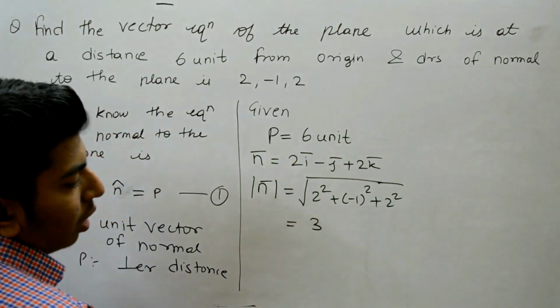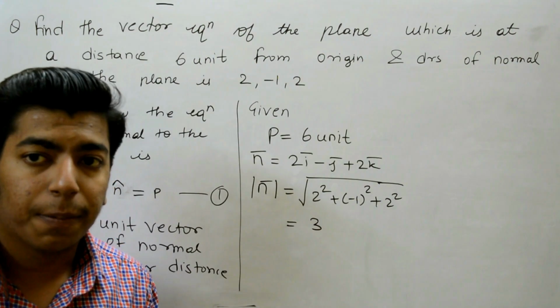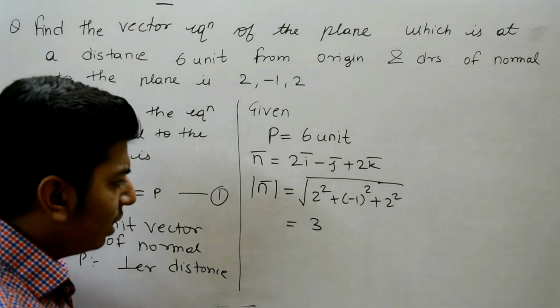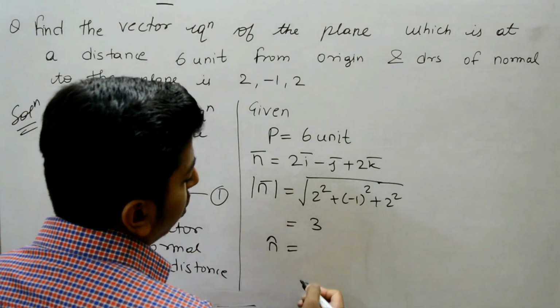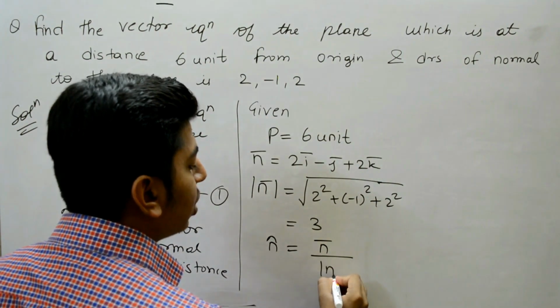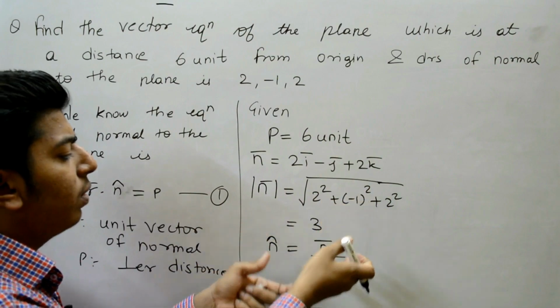To find the unit vector, the formula is unit vector is equal to vector upon its magnitude. So substitute all the values over here.